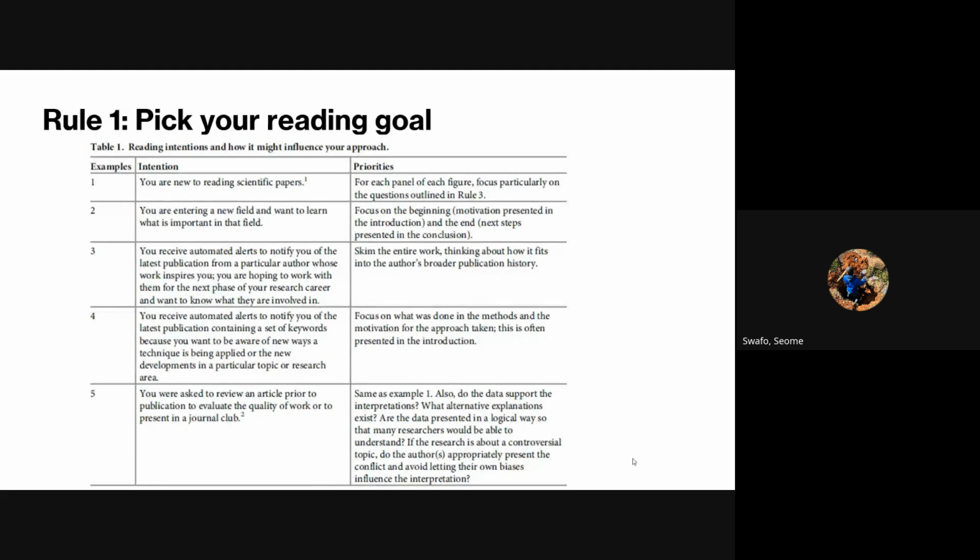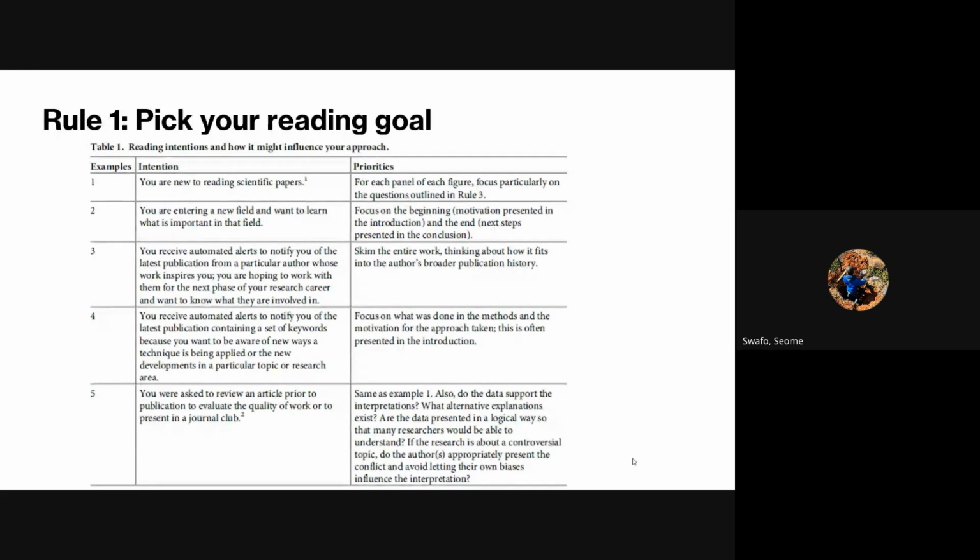But remember that before you start with your research, you will be new to reading scientific articles. So with the first intention, maybe you are not reading to build on the article, but you are reading to just understand what scientific articles actually are.